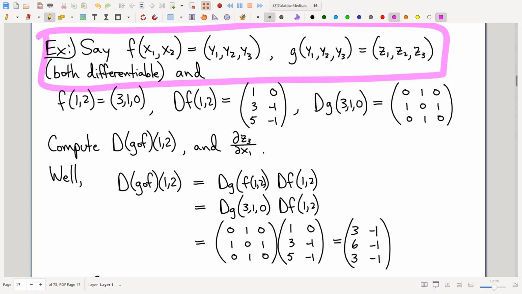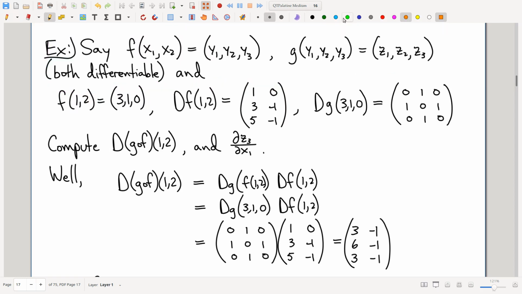Now, I am telling you a couple of things. I'm setting up the sort of worlds. So there's X world, that's the input to the F function. Then there's Y world, which is the output from the F, which of course means it's the input to the G. That's what it means to compose.